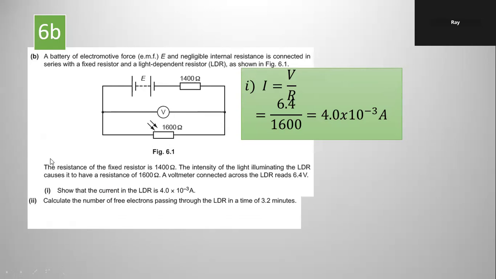You know this potential difference is 6.4 given by the voltmeter. And there's a resistance. Calculate how you get that I.